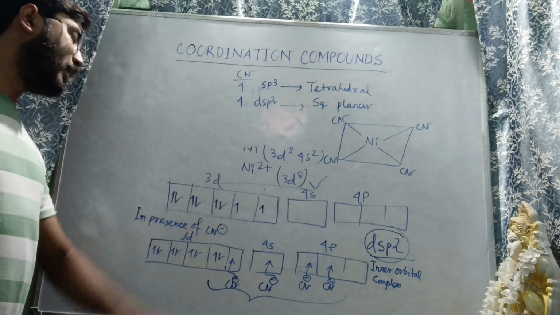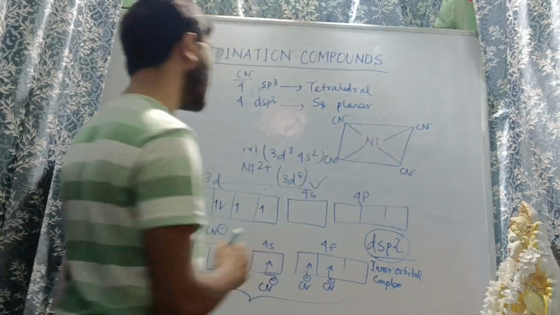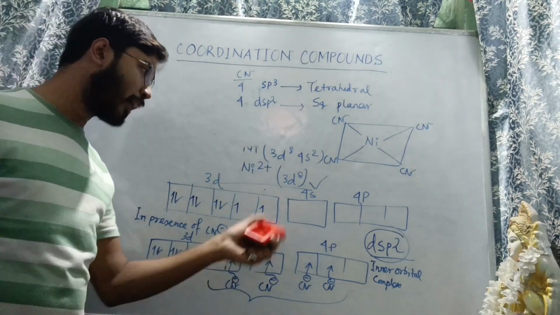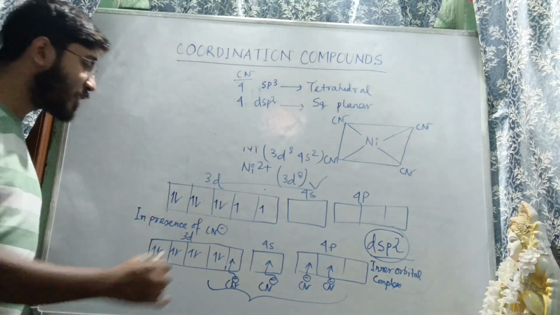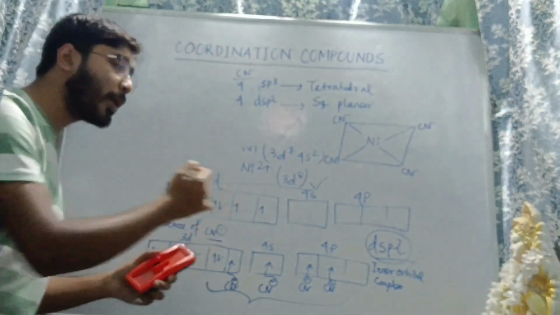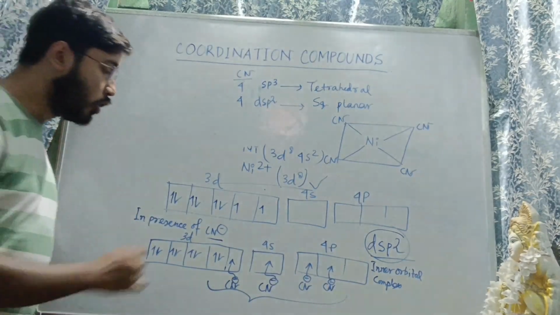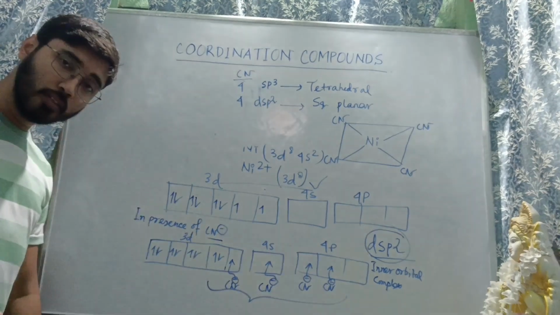So what is the magnetic behavior of the complex? Either the complex is paramagnetic or diamagnetic. We see that in the presence of the strong ligand CN-, all the unpaired electrons are easily paired up. So here, no unpaired electron is present in the complex.